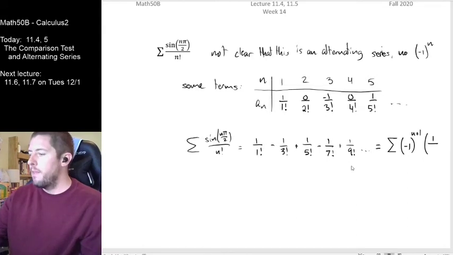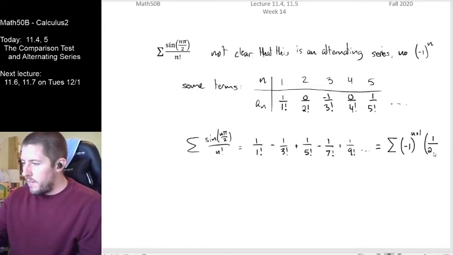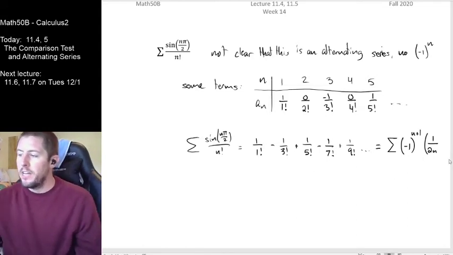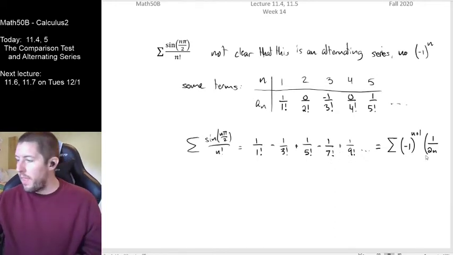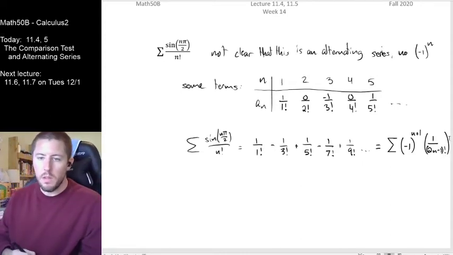I'm noticing here that if I did something like 2n, so if I just had 2n in the denominator, then I should have as my denominators like 2, 4, 6, 8, 10. All of our denominators are 1 fewer than that. So I'm thinking this is going to be 2n minus 1 factorial down here. All right.